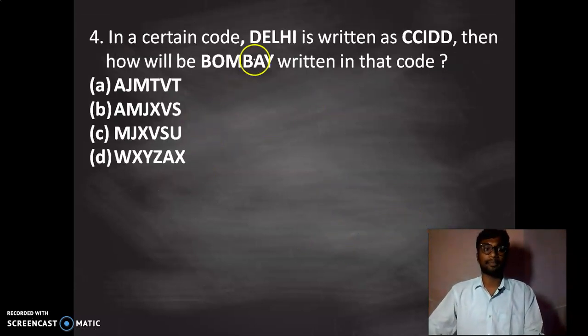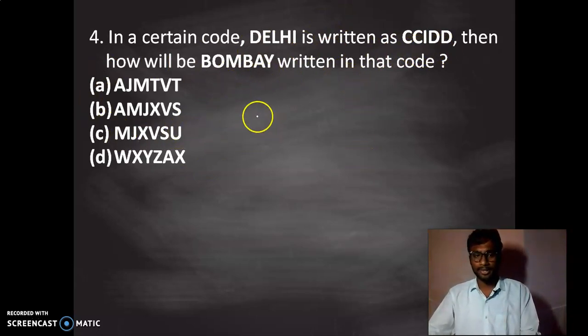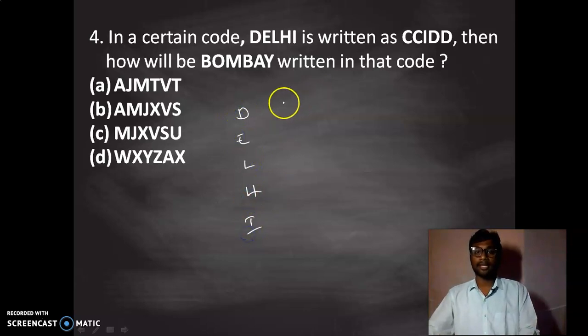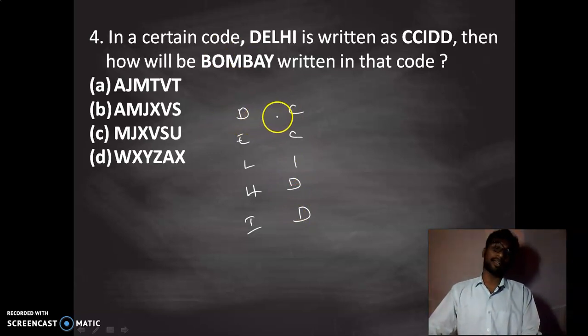Yes. In a certain code, Delhi is written as CCID, then how will Bombay be written in the code? A very easy question. Try to understand the logic first of all. Delhi is written as CCIDD. So what could be the logic here?